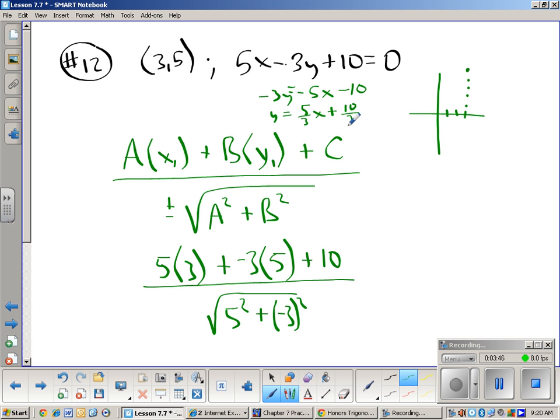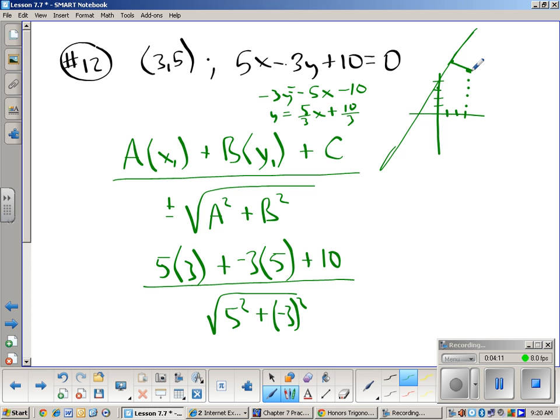So 10/3 is 3 1/3, and 5/3 up 5. So it's like here. And so we're looking at that distance there.